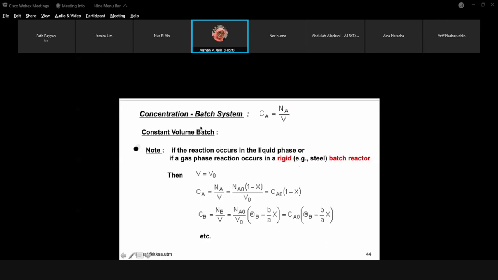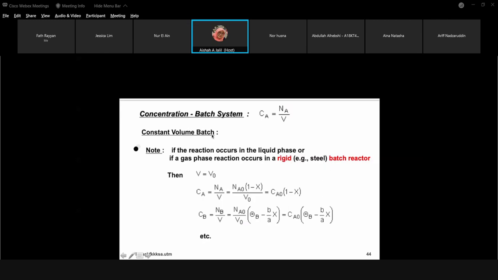What is the meaning of constant volume? Constant volume means the reaction occurred in the liquid phase in a batch system, or it can also be a gas phase system, but you have to close the system. If you do not close it, the gas will escape. So this is the meaning.